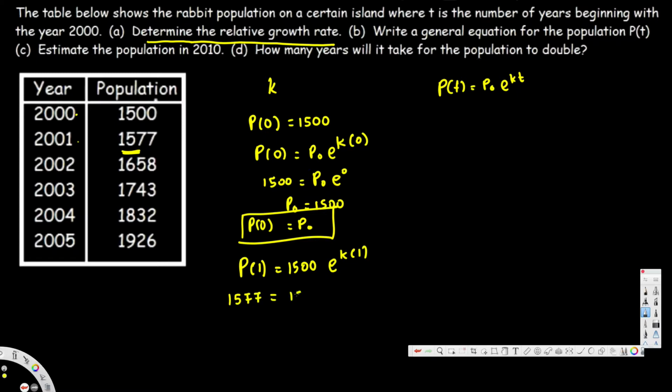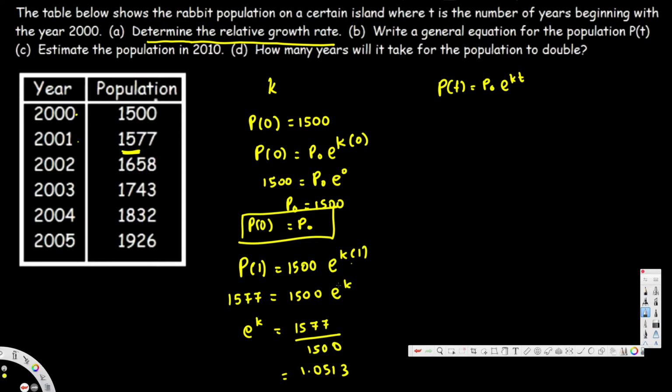1577 is equal to 1500 e power k. Now from this we know that e power k is equal to 1577 divided by 1500, and that is equivalent to 1.0513. Now we have to get rid of this e because we are trying to calculate k, the relative growth rate.